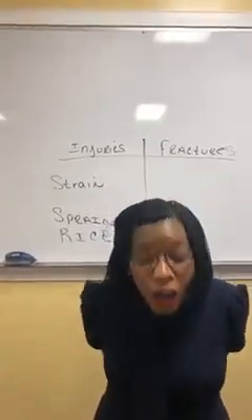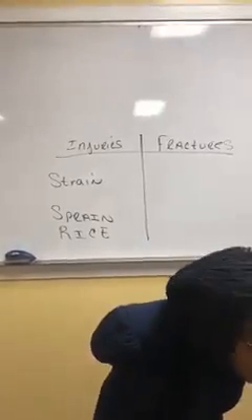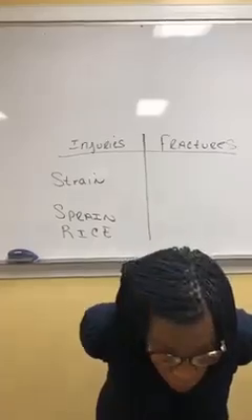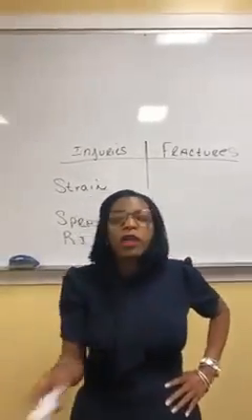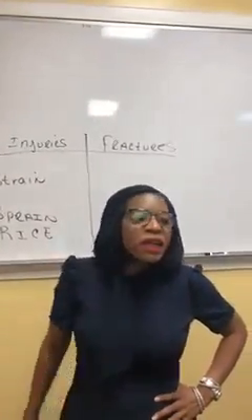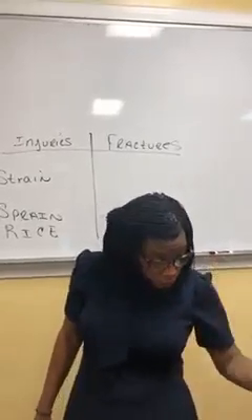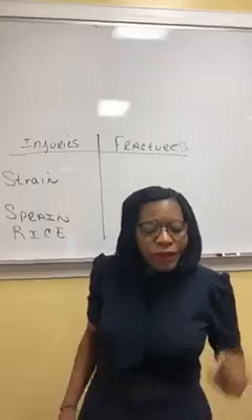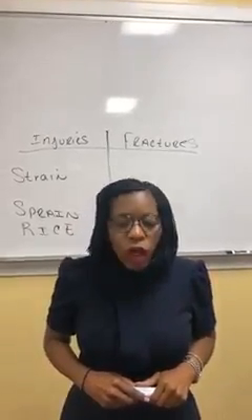Now, the other type of fracture, which is the last one, is called spiral. Remember, you know how my name is Sonia? Spiral is like an S. Anytime you find a spiral fracture, please equate that with abuse.